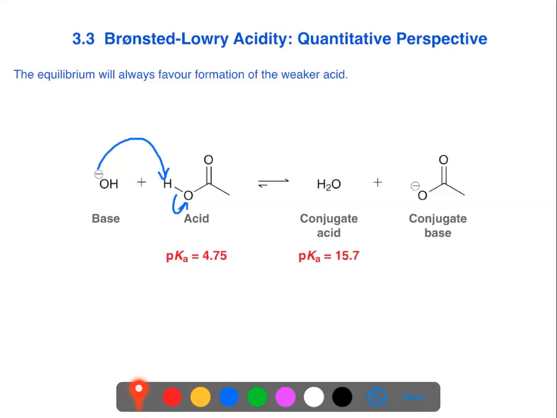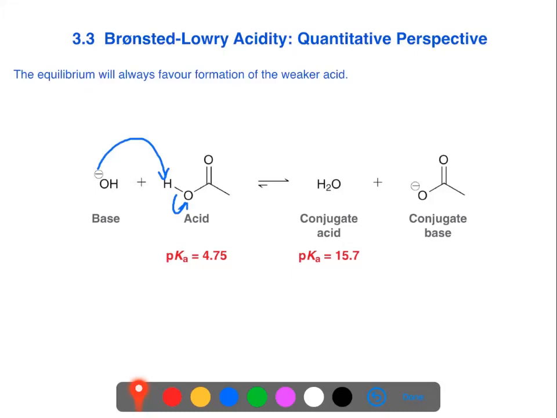That is why the arrows are drawn in this manner: we give a shorter tail to the arrow in the reverse direction, from right to left, because the likelihood of the conjugate acid and conjugate base reacting in appreciable amounts to reform the original acid and base is quite low.